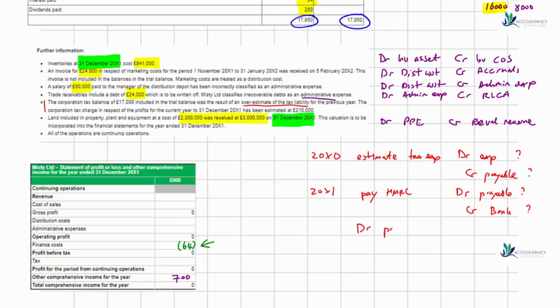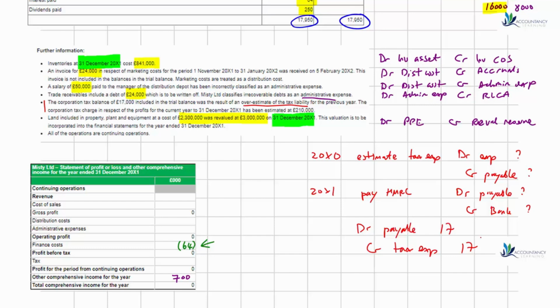We would debit the payable with 17, which is the overestimate, and credit the tax expense with 17. So we now have 0 payable because we've paid everything, and we're going to show a negative expense in our profit and loss to recognise that last year we overestimated.